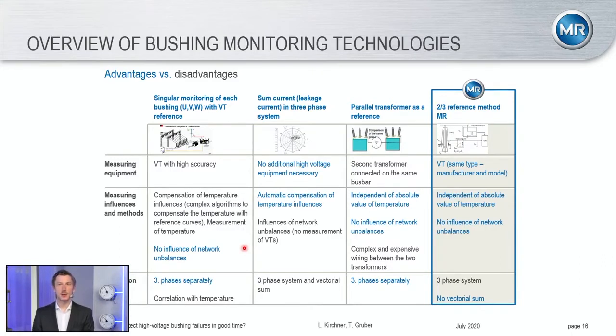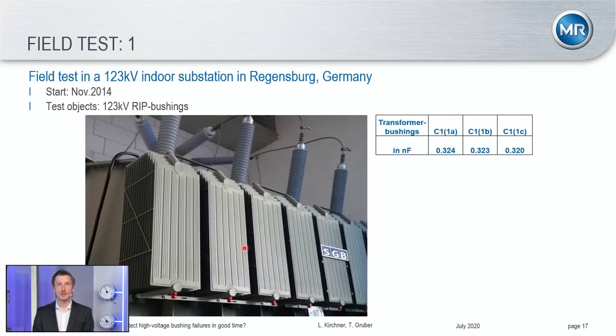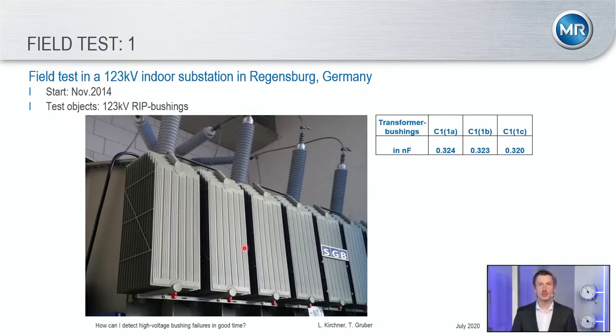And we can also show this out of various field tests, and since these field tests we have many applications all over the world now. But just to show you a showcase, this was one of our first installations, 2014, 123 kV RIP bushings on an existing transformer, so it's possible to retrofit the system.